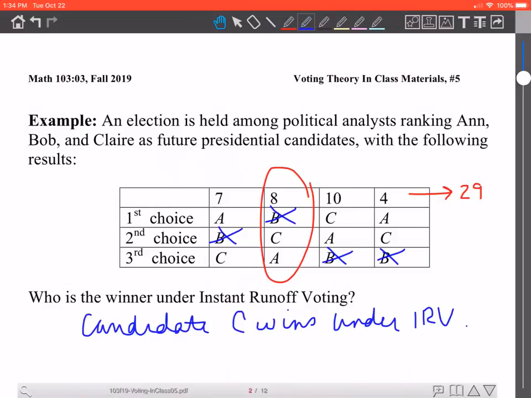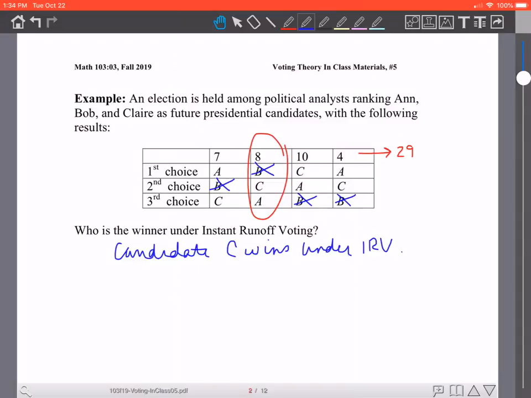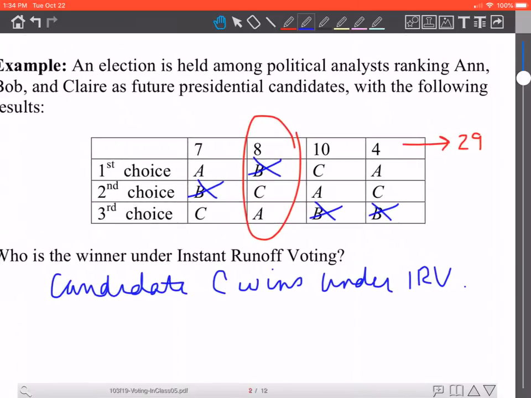Okay, so in order to check to see if this result is fair, and fair according to the monotonicity criterion, there would need to be a revote in which some of these voters, either these 7, these 8, or maybe these 10, or maybe these 4, change their ballots in a way that favors candidate C. So actually in that case, these 10 people would not change their ballots.